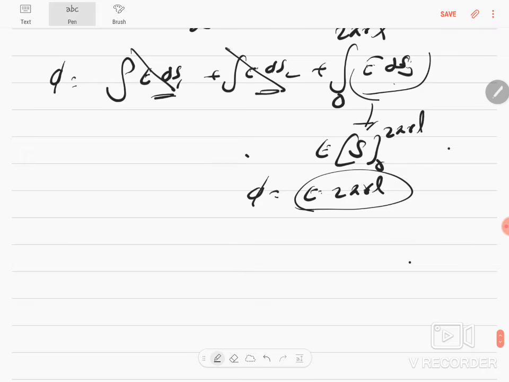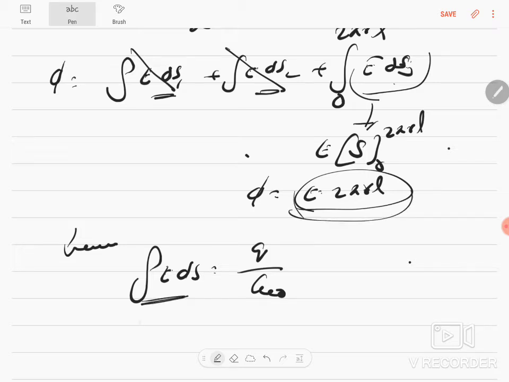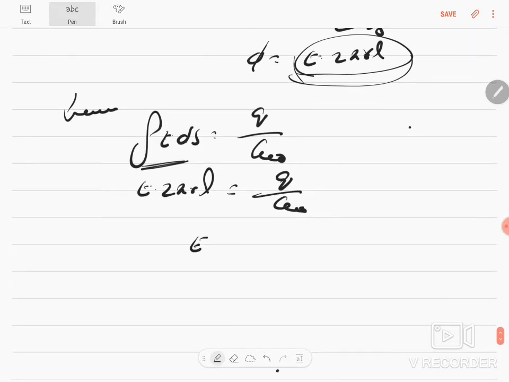And you know what Gauss's equation is? Integration of E dot ds is equal to q by epsilon naught. Correct? Integration of E dot ds itself is E into 2 pi r l, equal to q by epsilon naught. Therefore the electric field will be q by 2 pi r l into epsilon naught, where q by l is nothing but lambda, the line charge density.